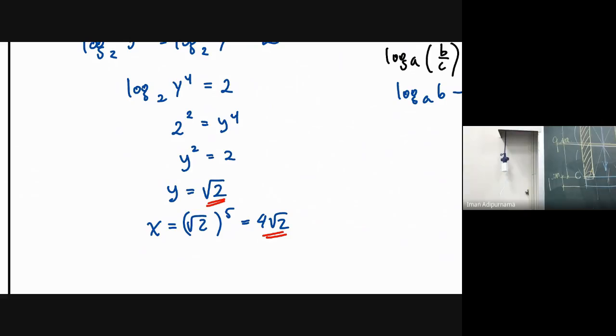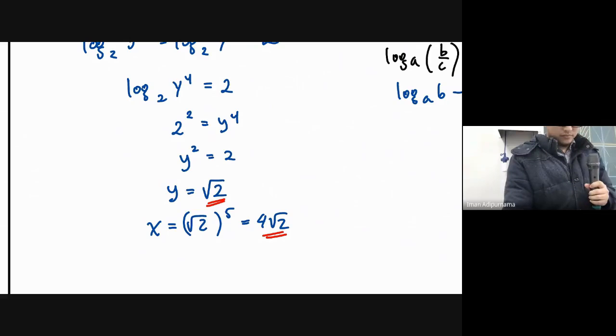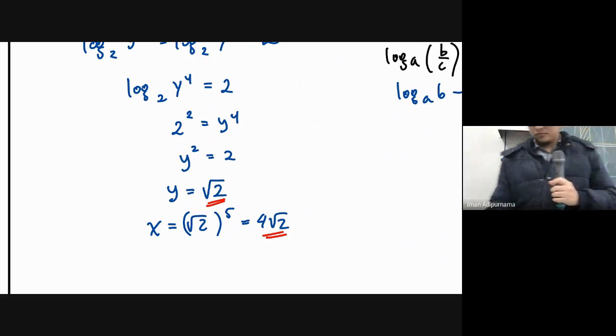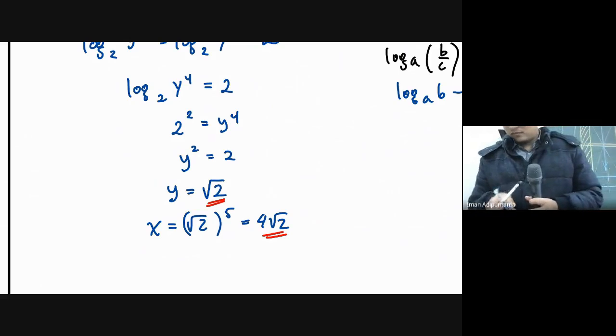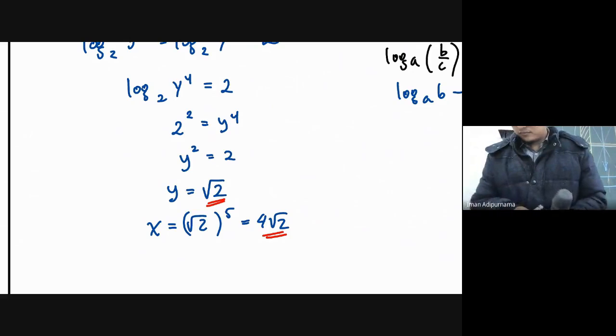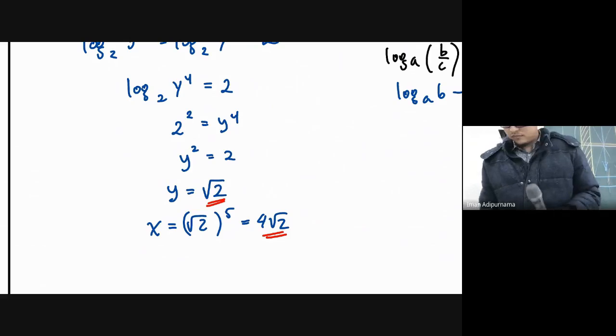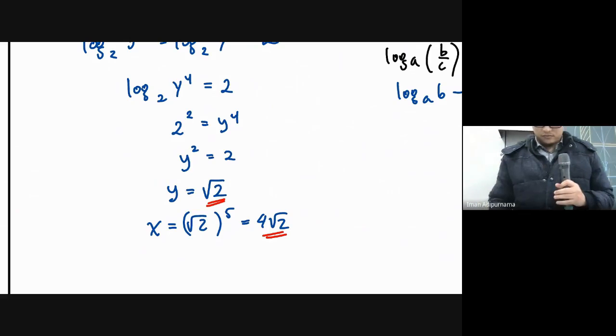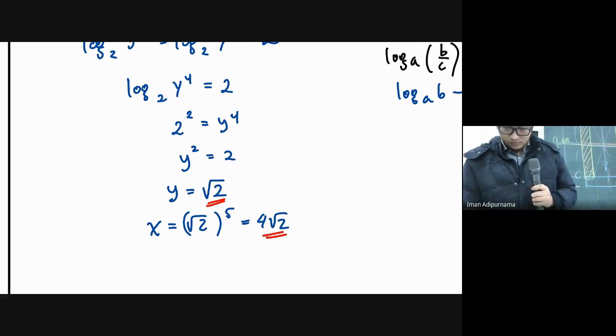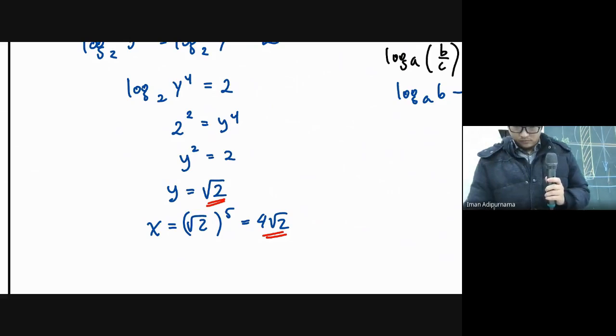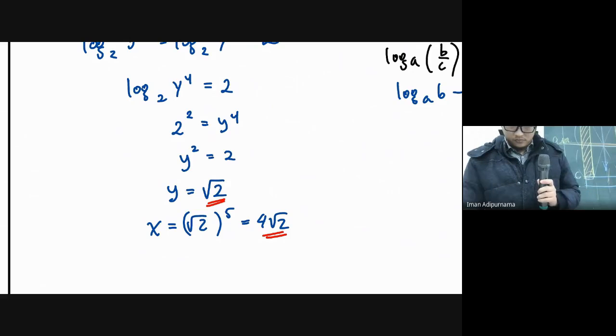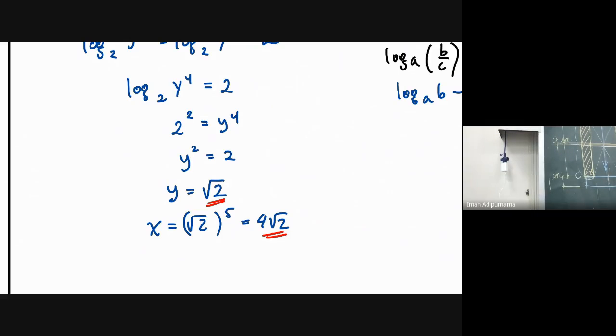Yes. This is also, I think, the same, right?